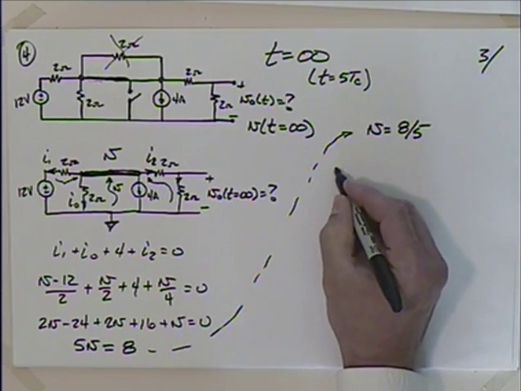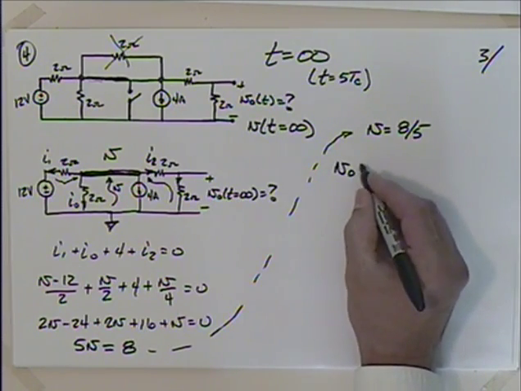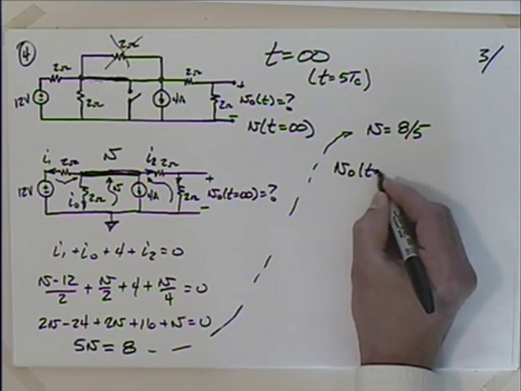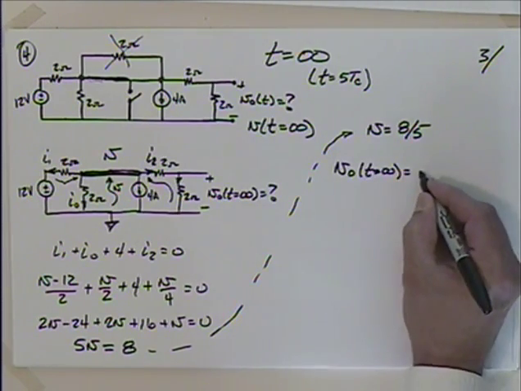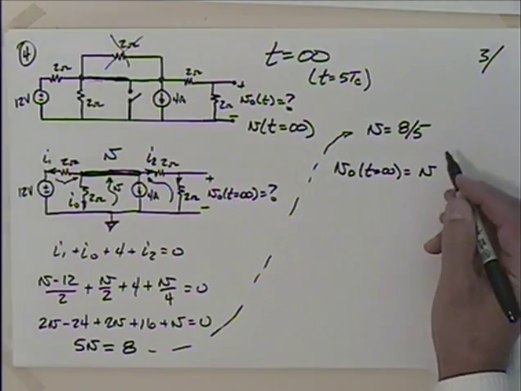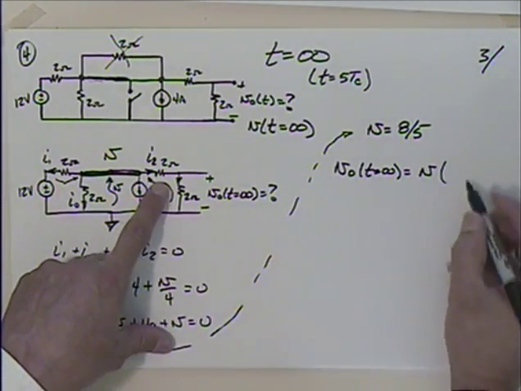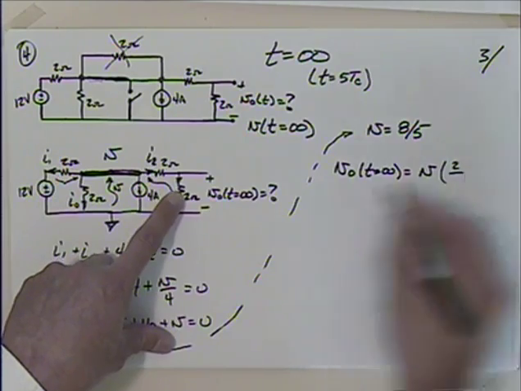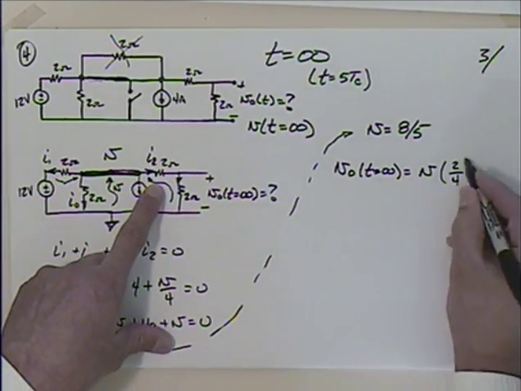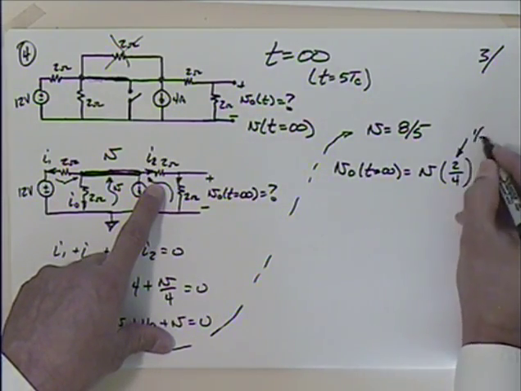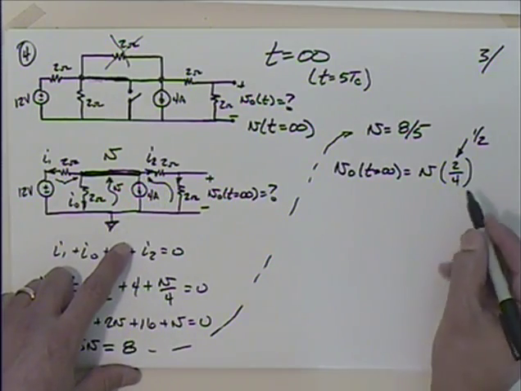So V naught at t equals infinity is going to be equal to V. I just have to divide this, right? Times what? Well, it's voltage division. It would be this resistor 2 divided by the sum of the 2, which is 4. That's, of course, our half. That's where we get that even split, that 1/2.